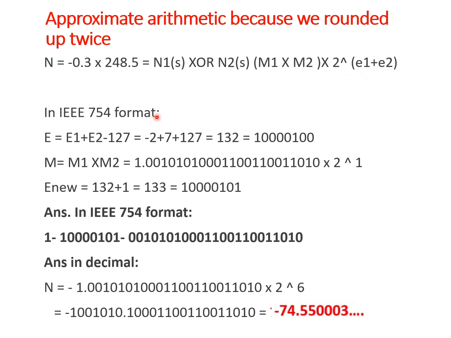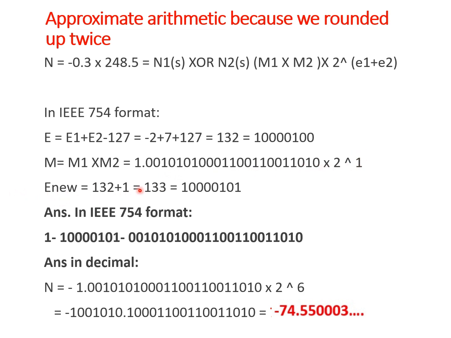In IEEE 754 format, because this exponent already has 127 added, you will minus 127. So it will be minus 2 plus 7 plus 127. I didn't add this 127 and minus it. Basically, there is only 127, which is 132, and it is given here. And M1 into M2 was given here, this one.